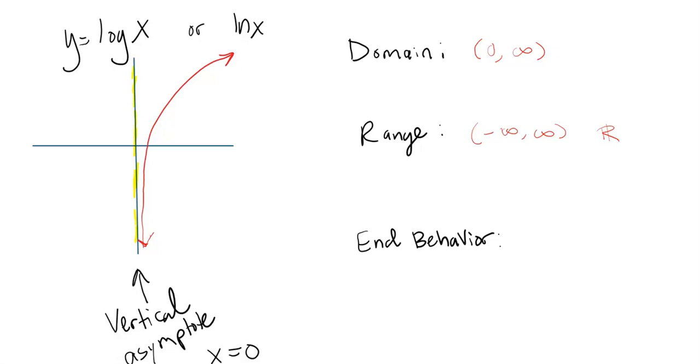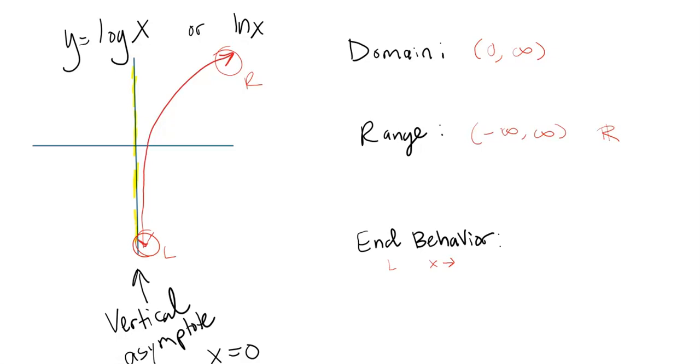Now my end behavior for these functions is a little bit different than the exponential function. So I'm focusing on my ends. Let's talk about the left end first, then we'll talk about the right end. So I'll label these over here. So I have the left end. When we're going to the left, x is not approaching negative infinity.